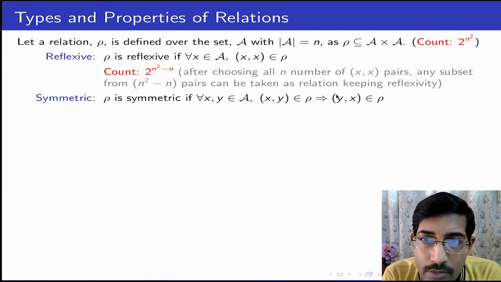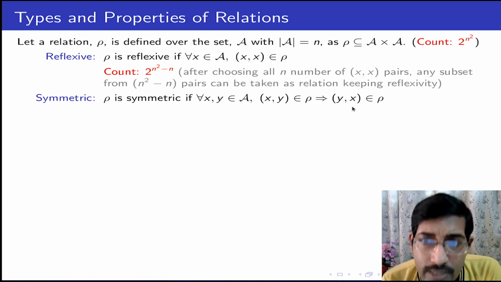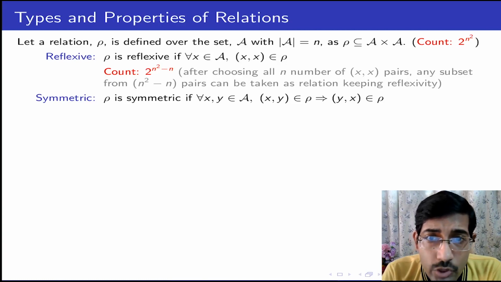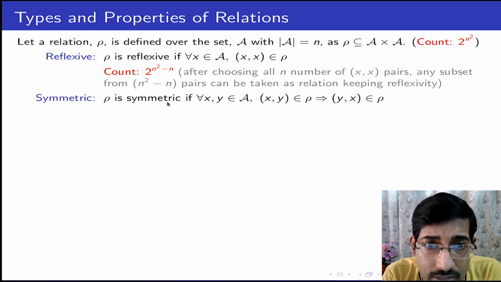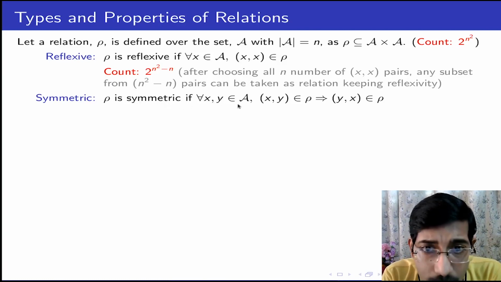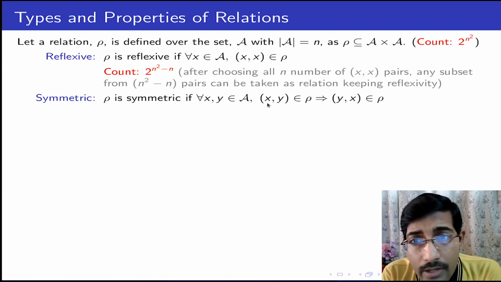So x is a brother of y means y is also a brother of x. So what does it mean? It means you choose a relation where the entities are relatable in any order. So you are choosing such a relation, which is symmetric. Symmetricity tells you that you choose the set of pairs in such a way that each of them is related in any order.